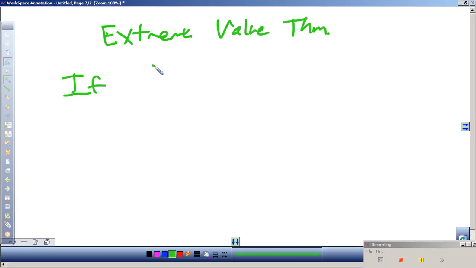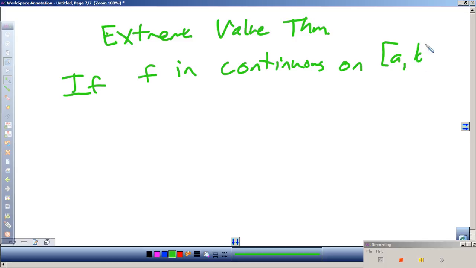So if f is continuous on [a, b], then... everybody have an idea what continuous means? No breaks in it, no discontinuities.